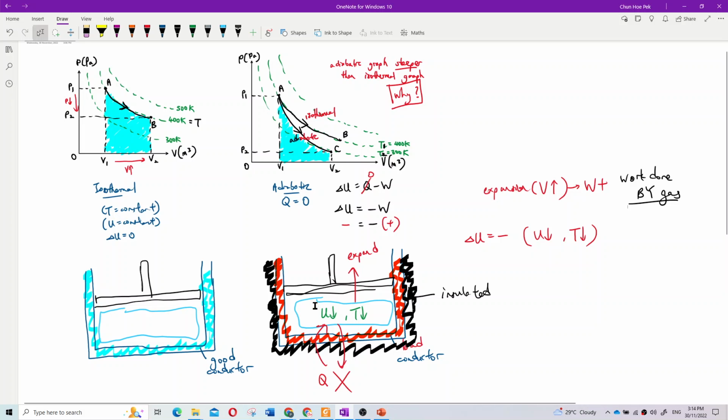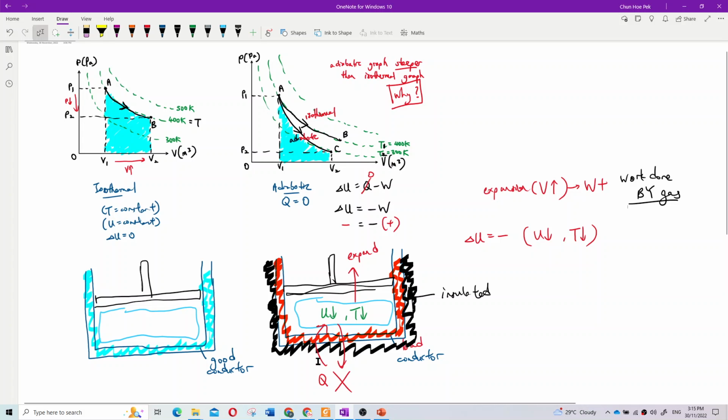He used his own internal energy to do the work, isn't it? When he uses up his own internal energy to push the piston up, of course the internal energy will drop. The temperature will drop. That means the gas will become from hot to cold.